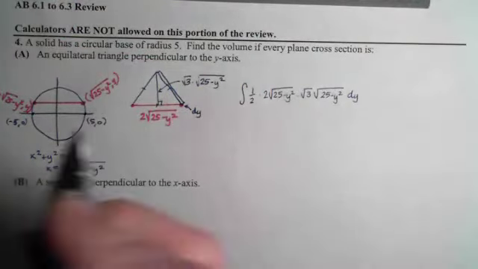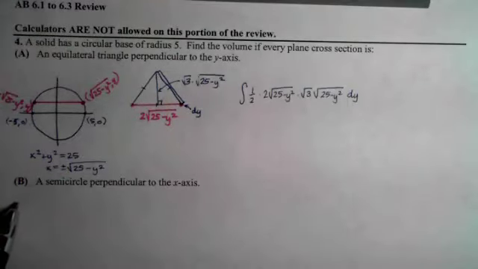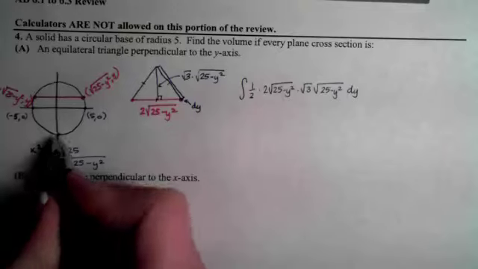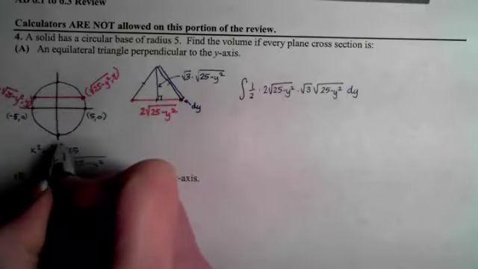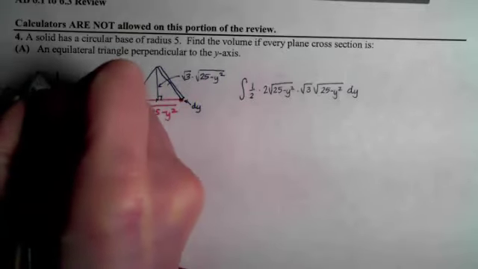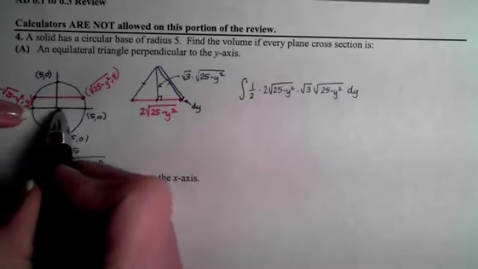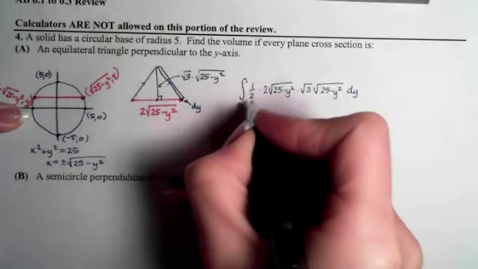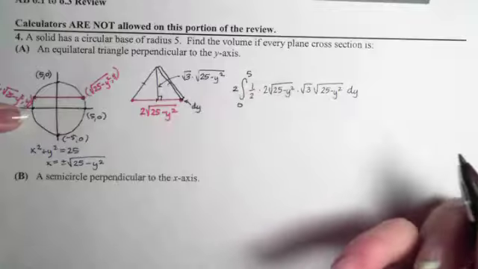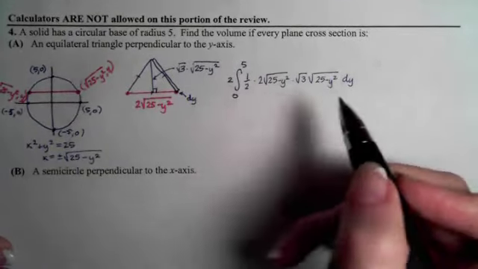Now normally we would drag this strip all the way down and all the way up, and we'd see that our limits are from -5 to +5. However, I want to use the symmetry of this shape and only go from 0 to 5 and then double it. Since I'm working by hand, I'd rather work with a 0 than with the -5. So we've got this integral set up.